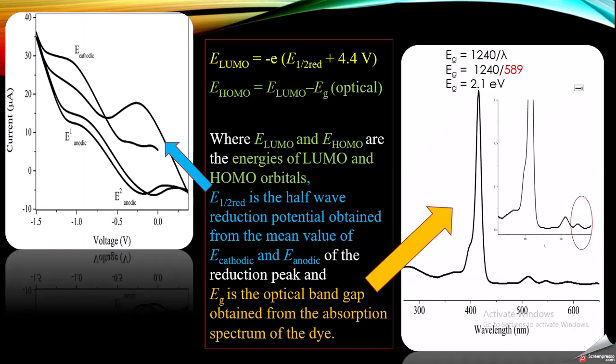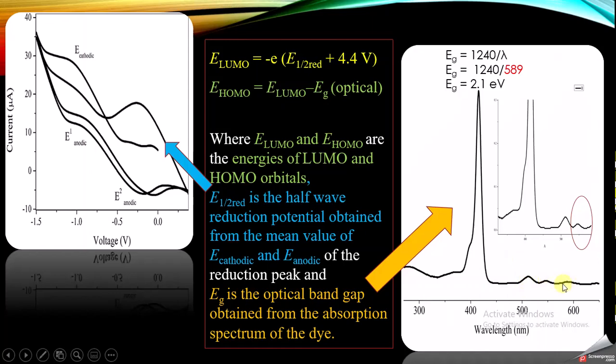Now, in order to find out the E HOMO, that is the HOMO energy of the molecule, we need to use another technique, which is called UV visible absorption spectroscopy. Let's consider that this is the absorption spectrum of the same compound, and here you can see 4 peaks. The first one is a very intense peak, and you have 1, 2, 3 smaller peaks here.